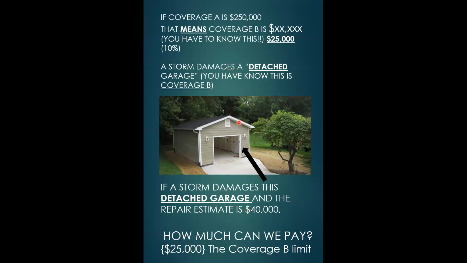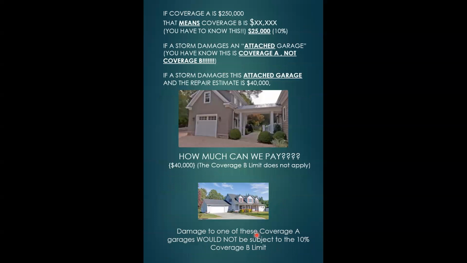And all of that just had to be automatic. Coverage A tells me how much coverage B is. The words detached garage told me we're talking about a coverage B question. And now I have to apply the coverage B rules, which we'll see later in the course, and the coverage B limit, which is what we're talking about here in this example. And you can't miss a single word or you'll get the question wrong.